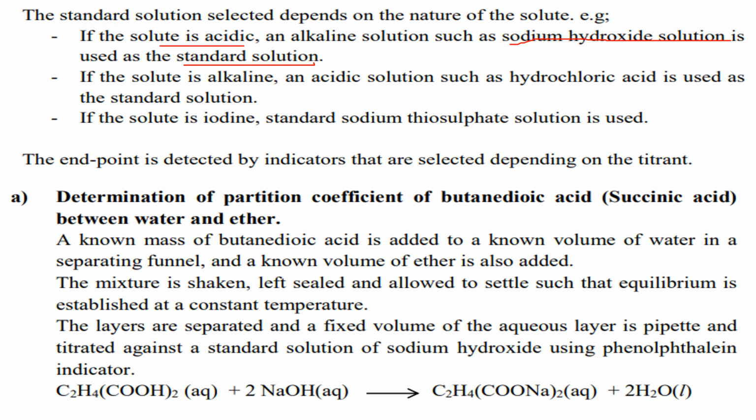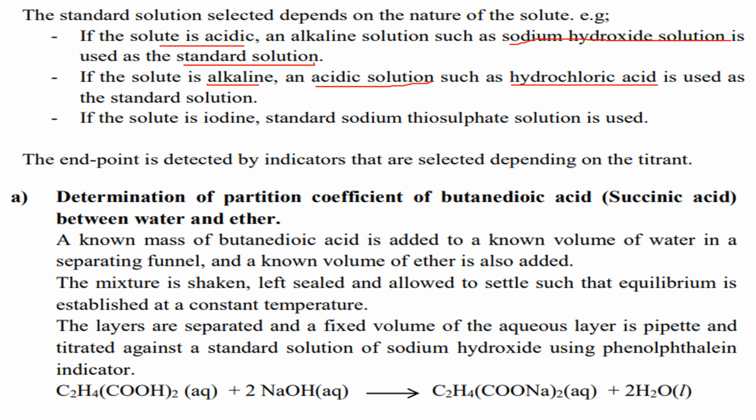So Roman number 3, if the solid that you are going to dissolve is alkaline in nature, then we use a standard solution which is acidic, and a good acidic solution that we have in the laboratory that is always standard is hydrochloric acid.